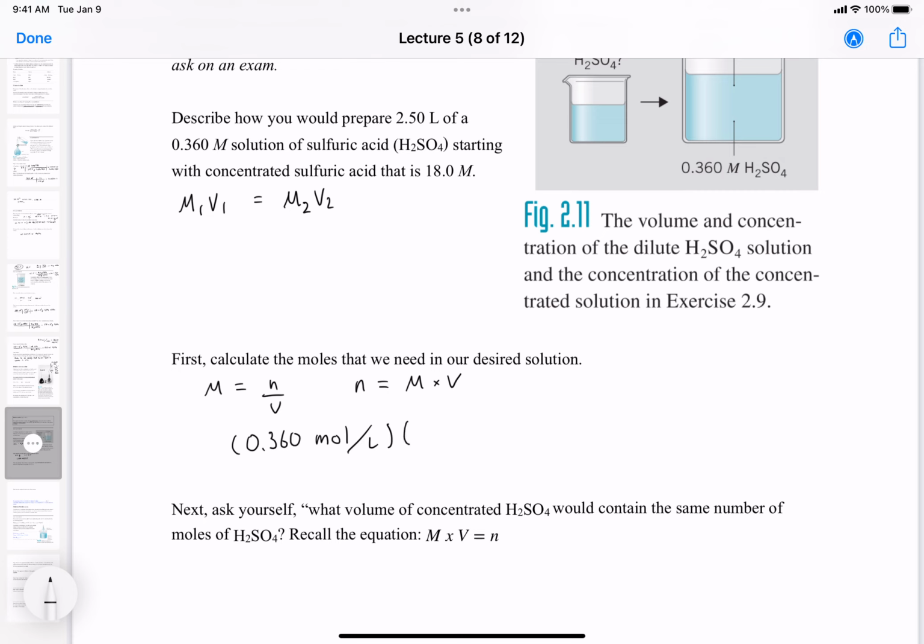And then we have 2.50 liters. We want to figure out how many moles we need in this solution, so we multiply the molarity by the volume of our desired solution, and we get 0.900 mole H2SO4.